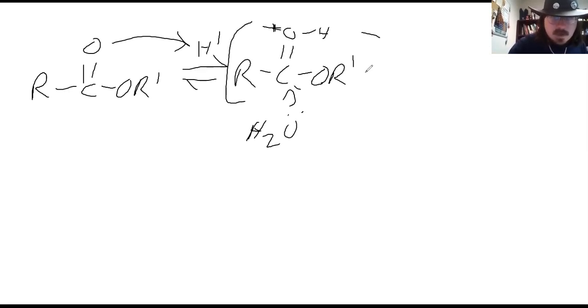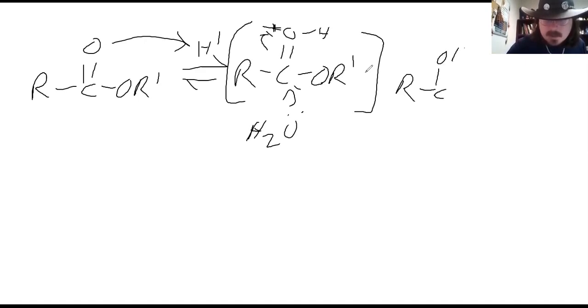So Fischer esterification would have been carboxylic acid, and then alcohol attacks. H, R prime, H. We have water reforming our acid.